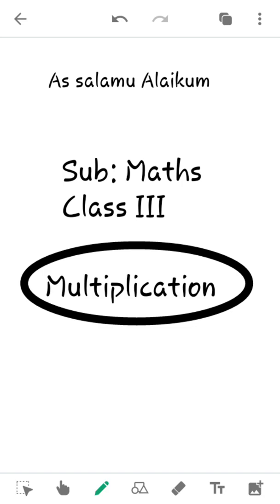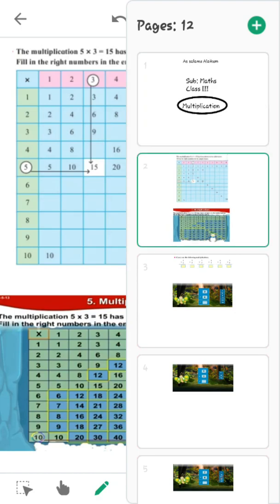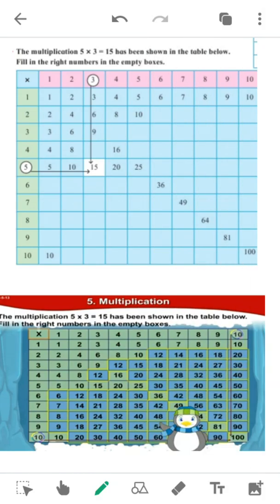In a previous video, I have totally explained how to multiply the numbers and what is meant by multiplication. Multiplication means repeated addition. So in this video, I will explain how to make the table using 1 to 10 numbers.